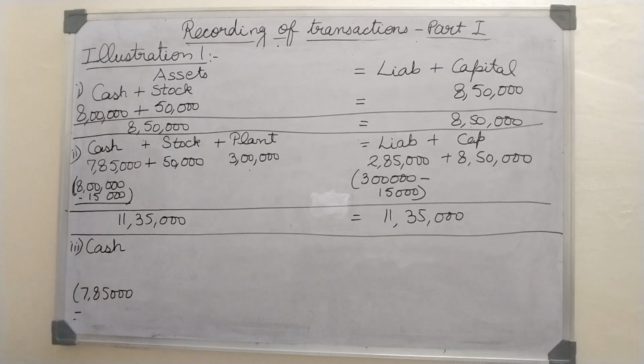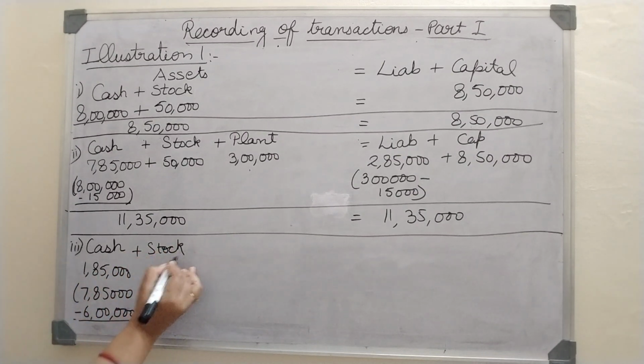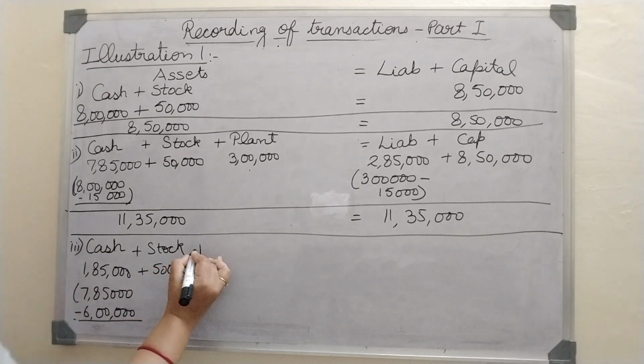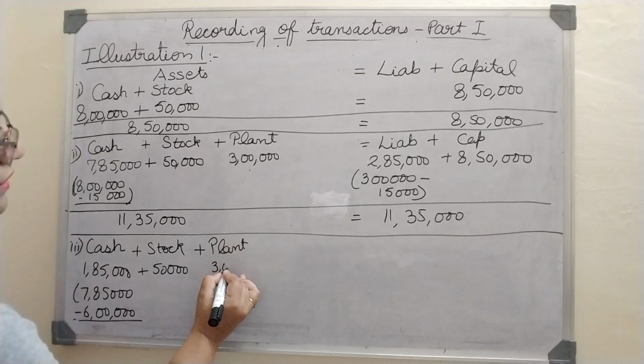How much cash I have taken out? 6 lakh. So how much is left with me? 1 lakh 85,000. Stock is not affected, so I will copy stock as same. Then plant is not affected, I will copy plant as 3 lakh.